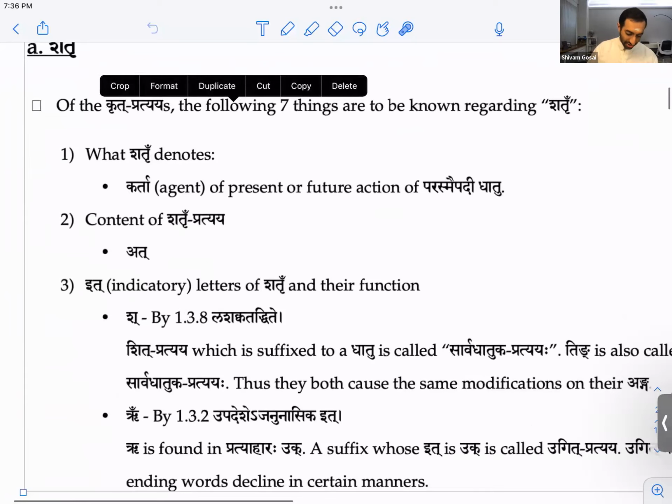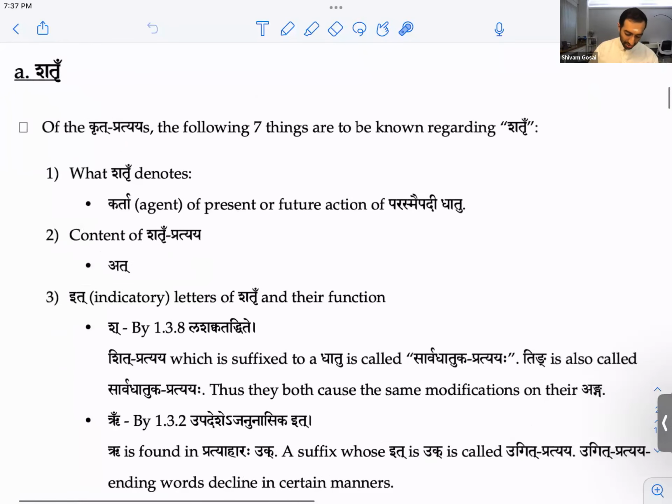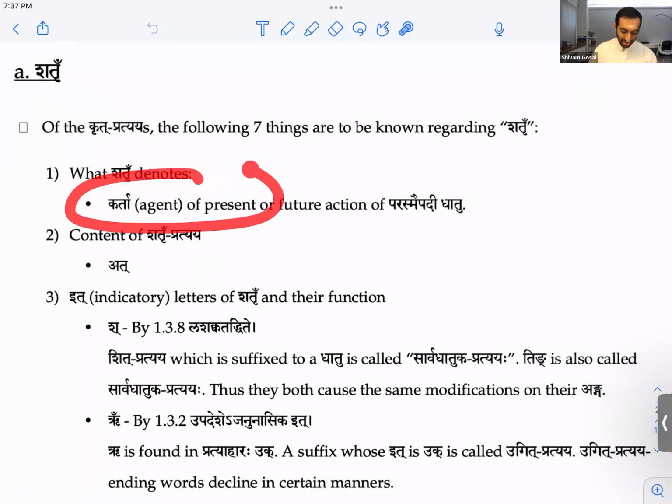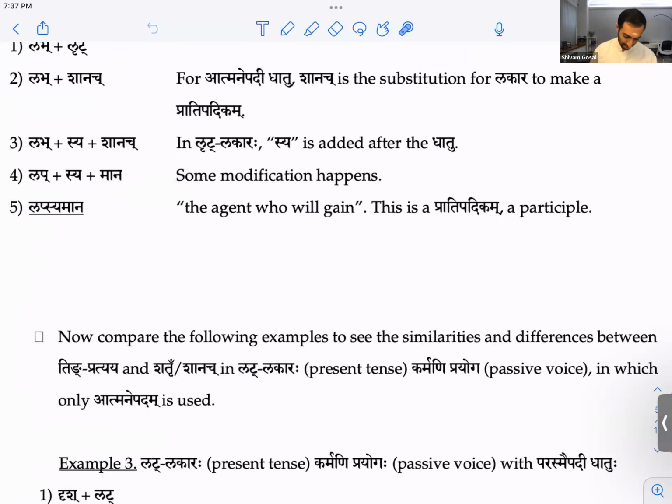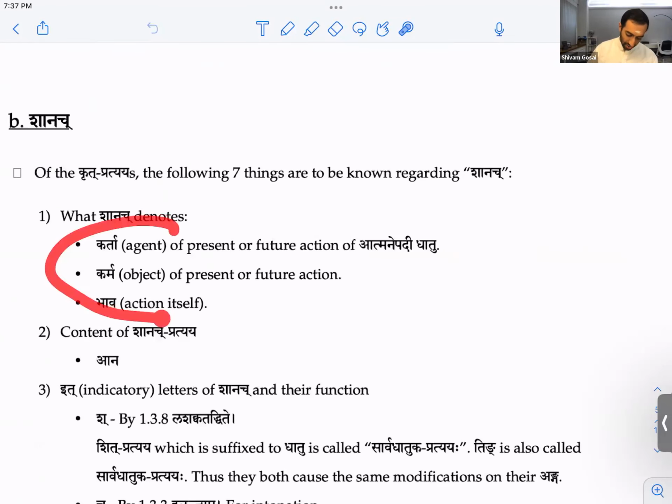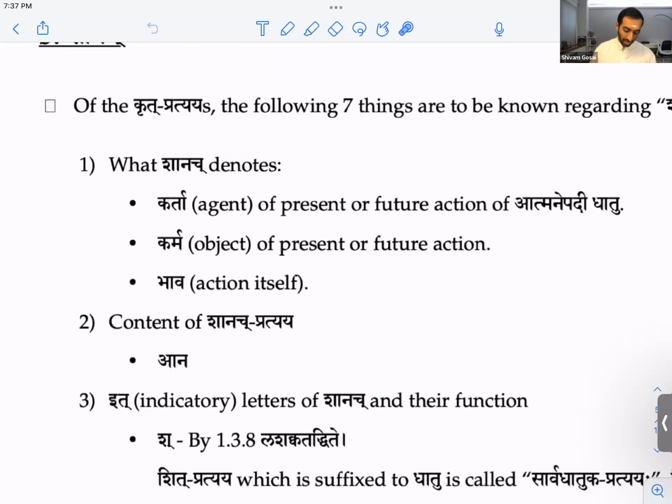When we're talking about Shatru, on the other hand, Shatru only denotes karta, so it's kartari Shatru. But Śānac can denote all three. It can be kartari, it can be karmani, or it can be bhave. Okay, so that's one difference.